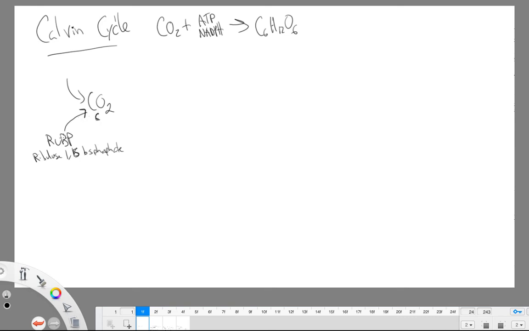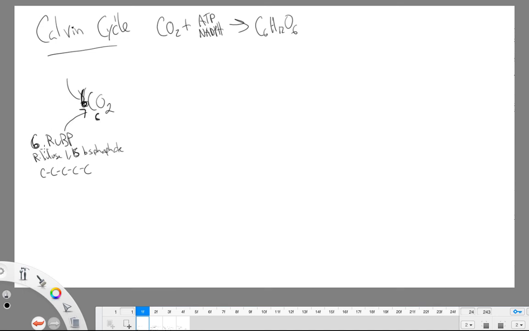This is a one carbon molecule. And in fact, we're taking 6 of these, right? So it's a 1 carbon molecule, and this ribulose bisphosphate is a 5 carbon molecule. And there are 6 of them in total.